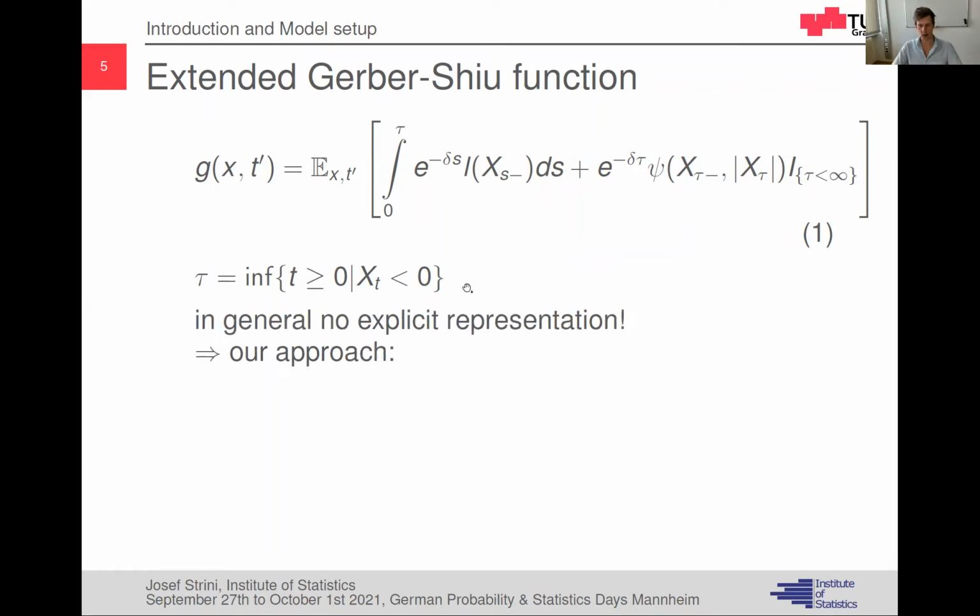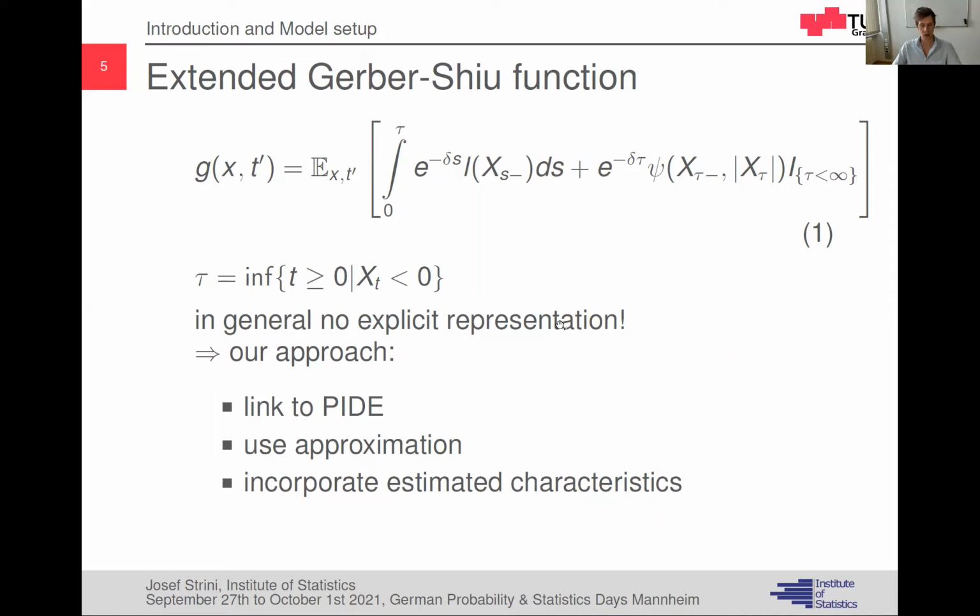And in general, there is no explicit representation of such a function, and therefore we link this function to a partial integro-differential equation and use an approximation procedure to solve this equation. So we obtain an approximation for this extended Gerber-Shiu function.